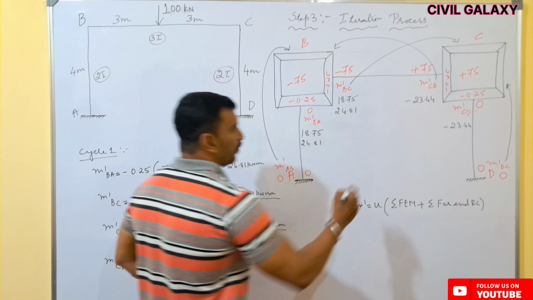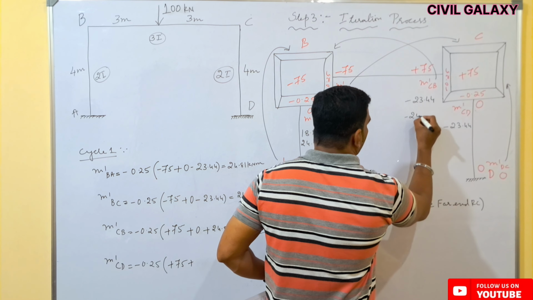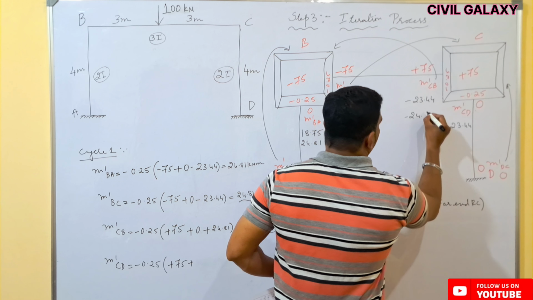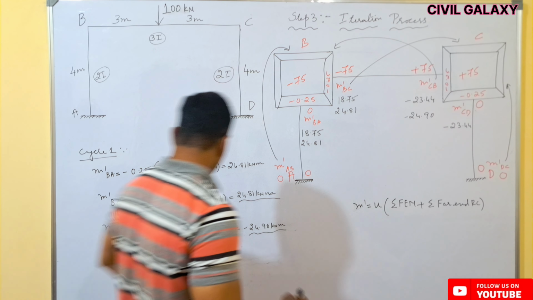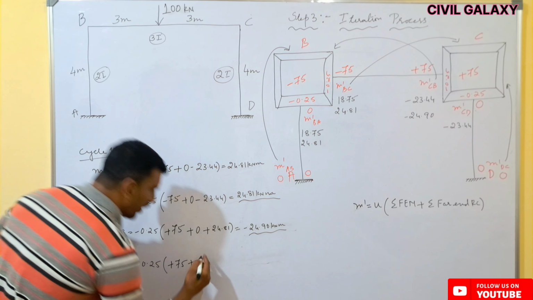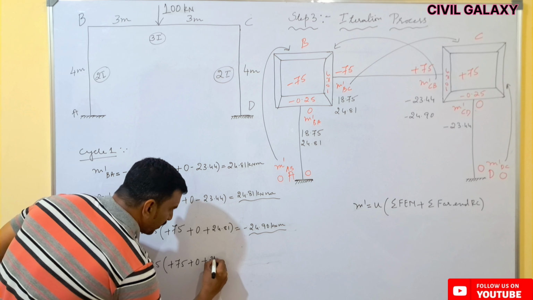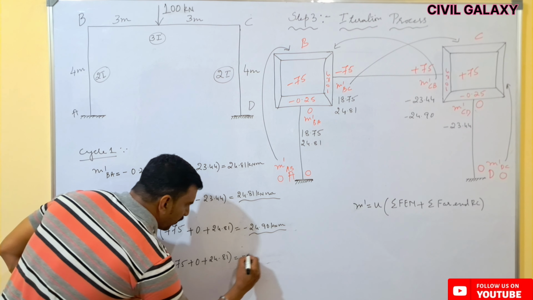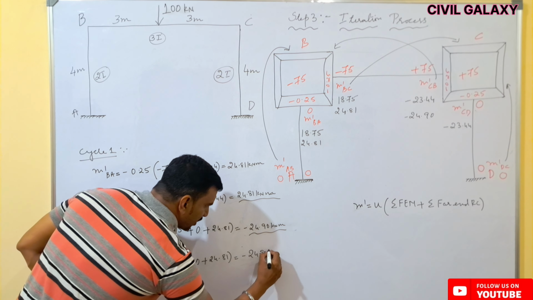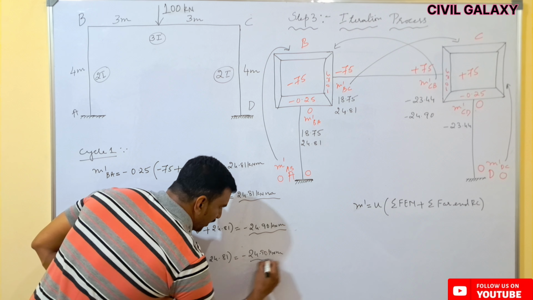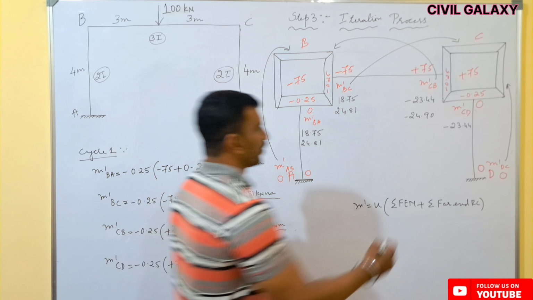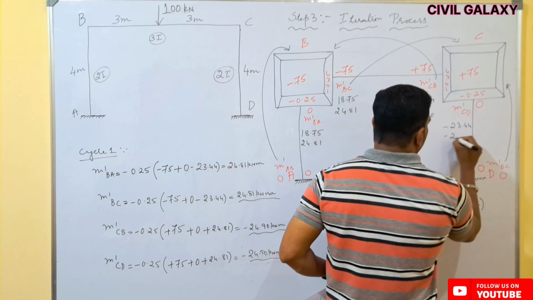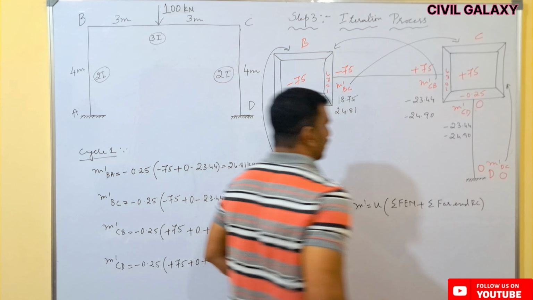So now this value we will just write here, 24.90. See here also the value remains same, which will be equal to minus 24.90 kilonewton meters. So again this value will be written over here, which is minus 24.90.